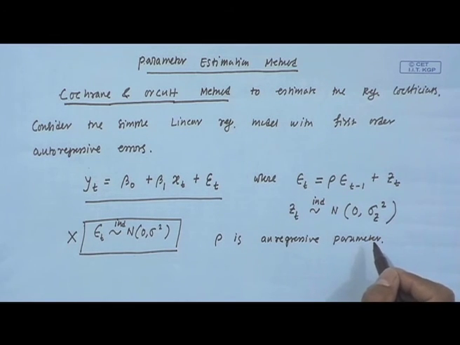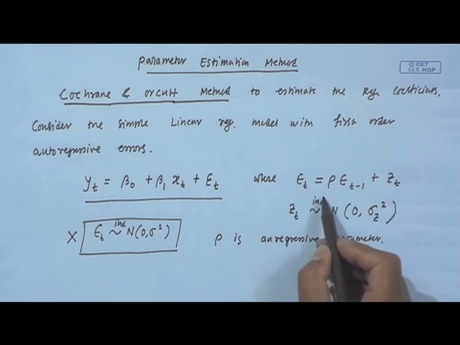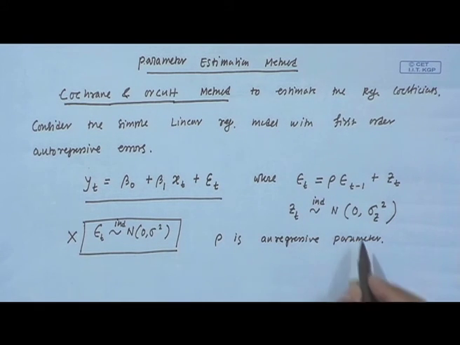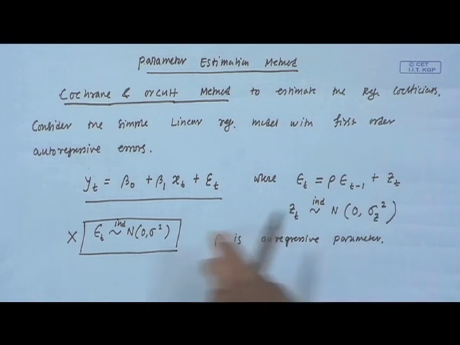Well, and this epsilon t, they are not independent with 0 and sigma square, they are having the first order autoregressive error.